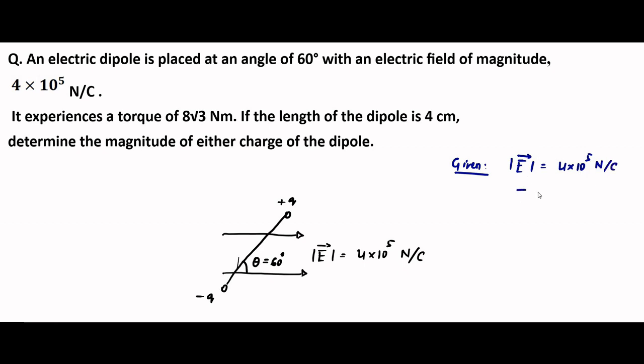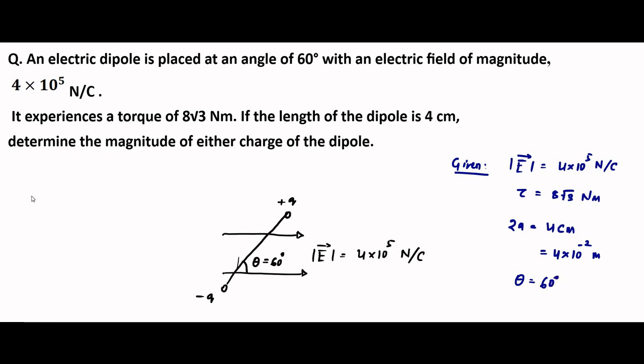Then the torque acting on the electric dipole 8 root 3 Newton meter. Then the length of the dipole, which is equal to 4 centimeter, 4 into 10 to the power minus 2 meter. Always convert it into MKS units. And the angle of orientation of the dipole with respect to the electric field.